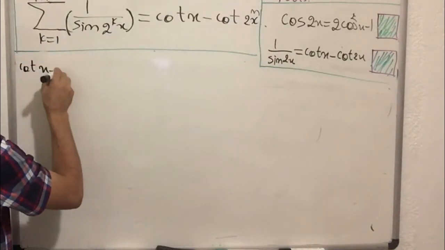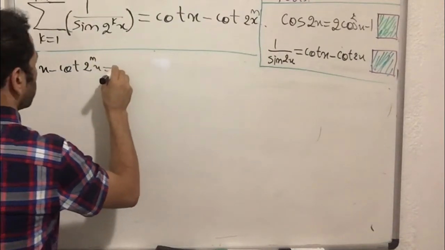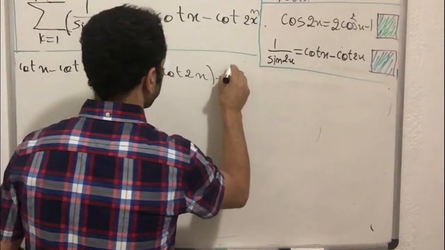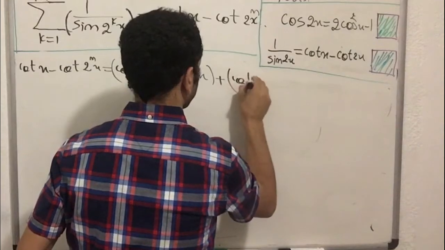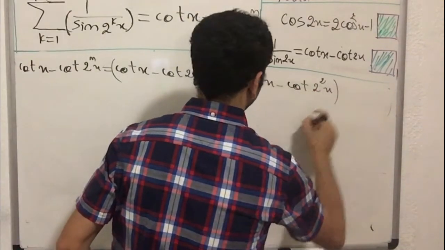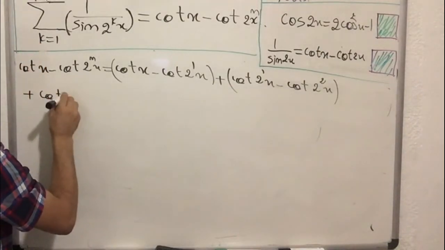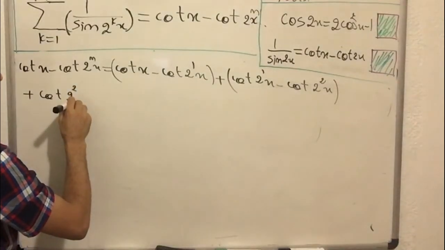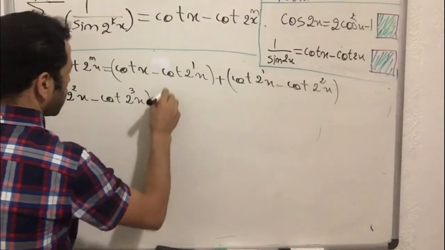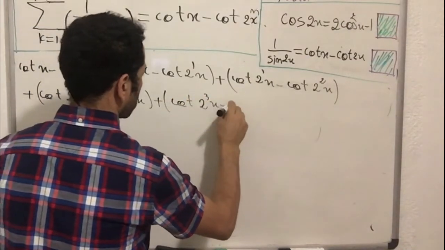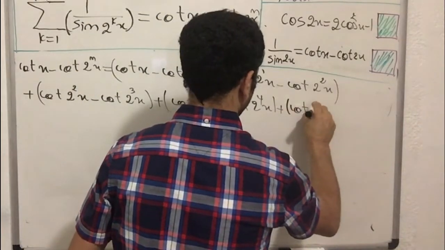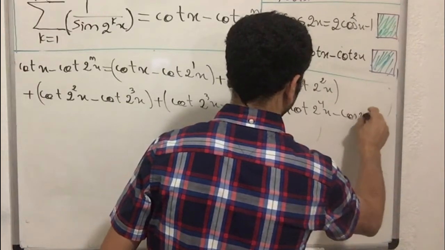So cotangent x minus cotangent 2 to the n x equals cotangent x minus cotangent 2x, plus cotangent 2x minus cotangent 2 square x, plus cotangent 2 square x minus cotangent 2 to the 3x, plus cotangent 2 to the 3x minus cotangent 2 to the 4th x, plus cotangent 2 to the 4th x minus cotangent 2 to the 5th x.